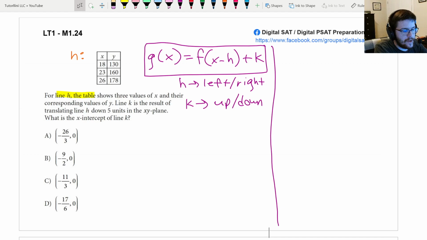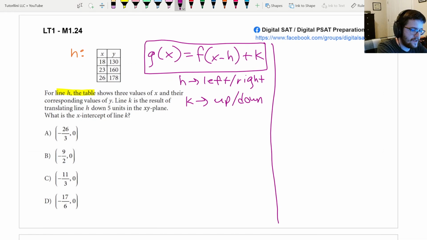So very first thing I'm going to do, whenever I find a linear function, we're going to do h of x. I'm going to find the slope, so we're going to use the slope formula, m equals y2 minus y1 over x2 minus x1. And why don't I use the first 2 points?